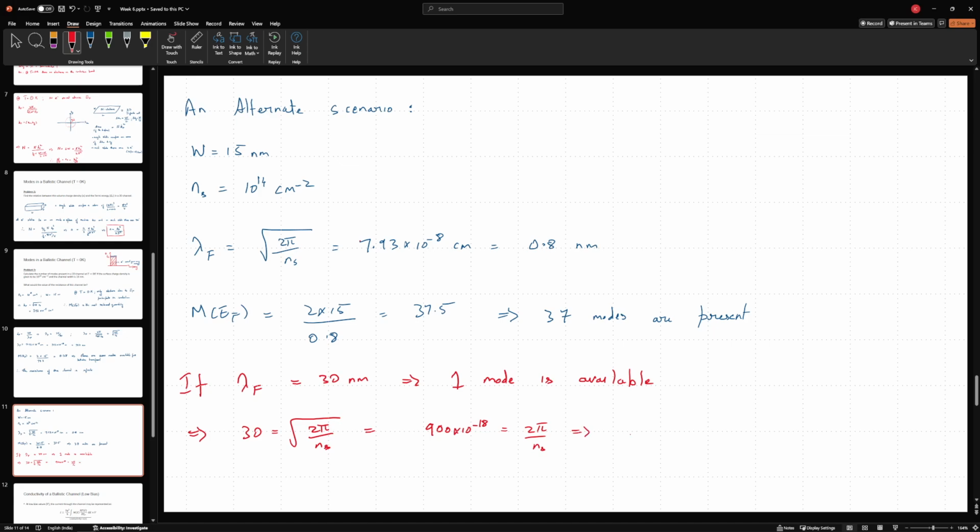I will write this in centimeters squared so that we get the proper unit. 10 to the power minus 18 meters is 10 to the power minus 16 centimeters. So now this gives me ns equal to 2 pi divided by 900 into 10 to the power 16.